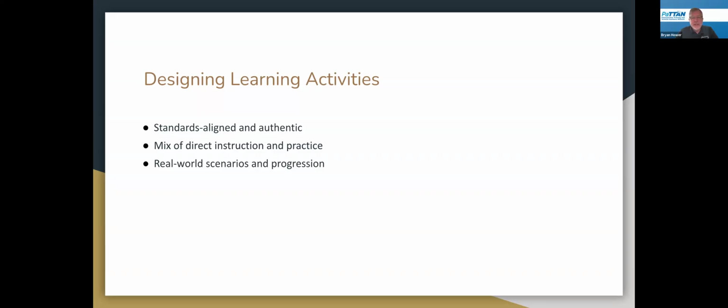So when designing activities, make the standards connection explicit, both for yourself and for students. For example, an activity where students conduct vulnerability scans directly addresses the standard component about identifying vulnerabilities while building both technical skills and conceptual understanding. This explicit alignment ensures that activities serve learning purposes rather than becoming ends in themselves.